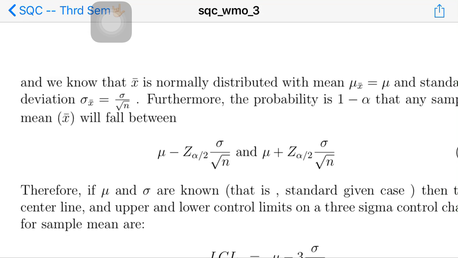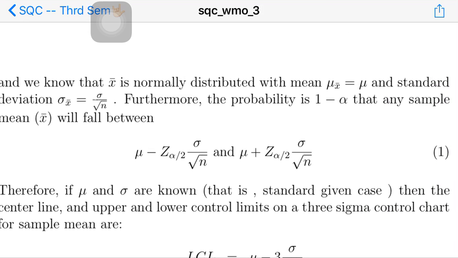Okay, and you know that if you replace this z alpha by 2 by 3, 1 minus alpha is nothing but 0.9973. 0.9973 is the probability that X bar lies between mu minus 3 times sigma by root n and mu plus 3 times sigma by root n.